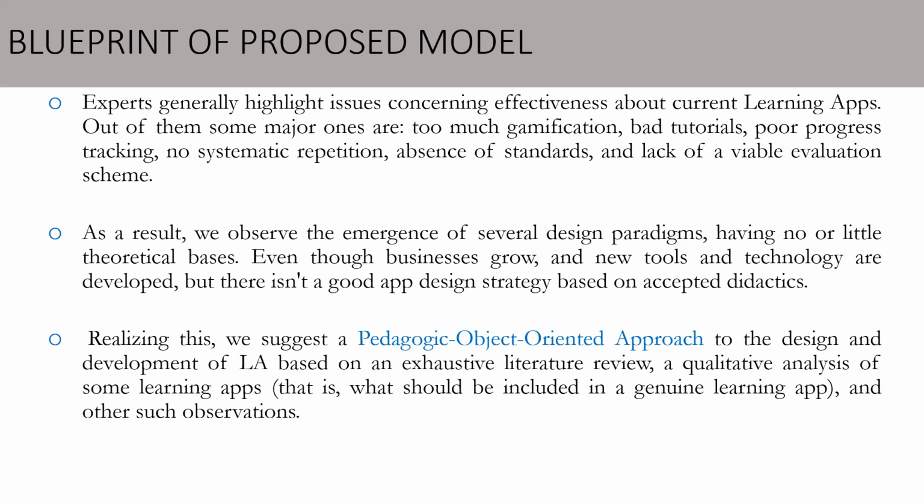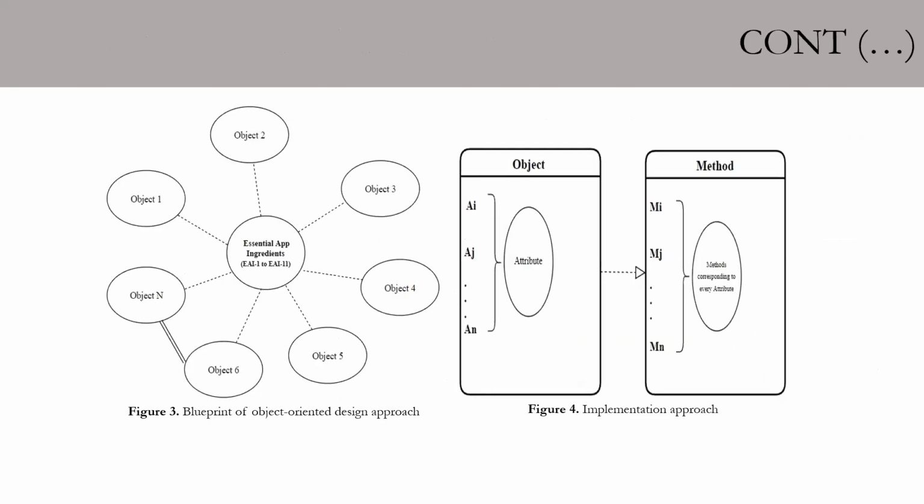Realizing this, we suggest a pedagogic object-oriented approach to the design and development of learning apps based on an exhaustive literature review, a qualitative analysis of some learning apps, that is, what should be included in a genuine learning app, and other such observations. This is the blueprint.